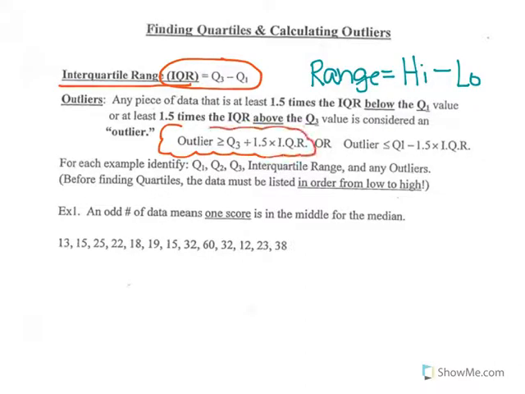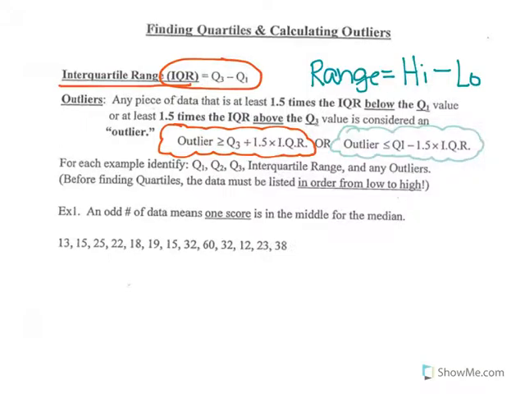So you have an outlier if your number is greater than or equal to Q3 plus 1.5 times the interquartile range, an outlier on the upper end of things, as opposed to if your number is smaller or equal to Q1 minus 1.5 times the interquartile range, then you have an outlier at the lower end of things.